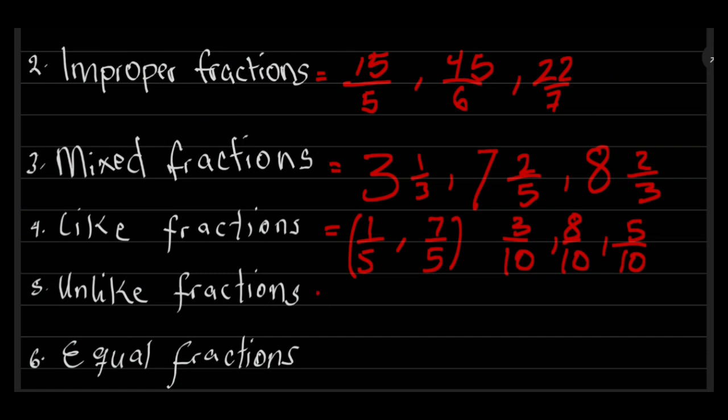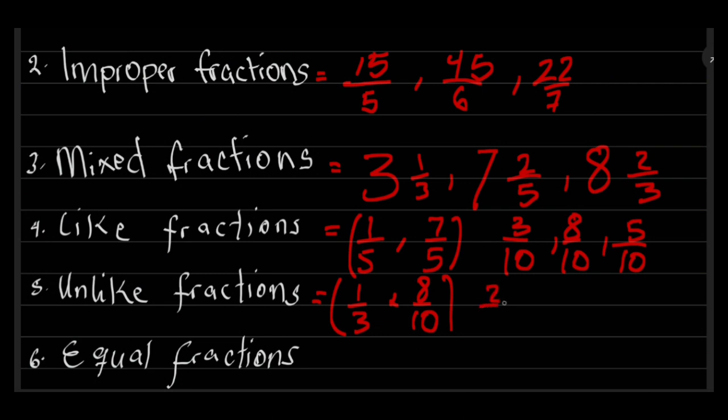Then we also have the concept of unlike fractions. If like fractions have the same denominators, unlike fractions do not have the same denominators. So when I have 1 over 3 and 8 over 10, they are unlike fractions.